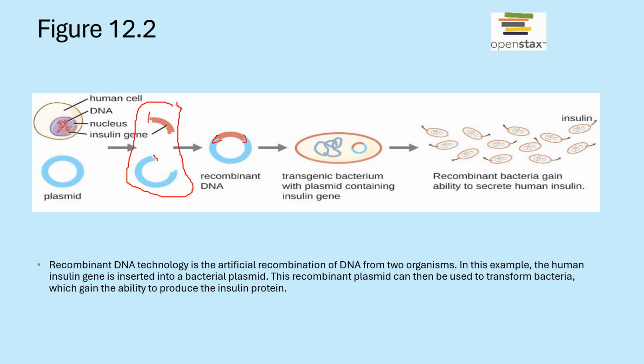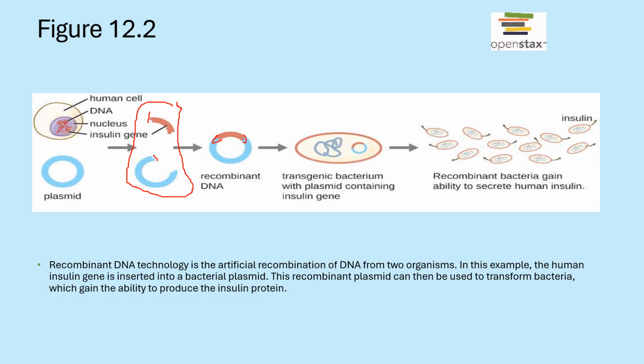And then you take this plasmid and you put it into your bacteria. So this is now considered a transgenic bacterium, like we said earlier, such as E. coli, because you now have a piece of DNA in here, this little red piece on the plasmid, that doesn't normally exist in this organism. It's from a totally different organism. So you grow it, and now all the offspring of this are producing insulin.